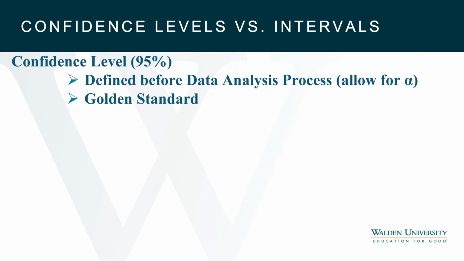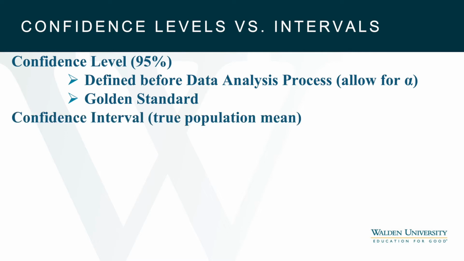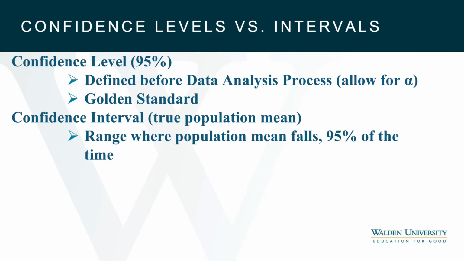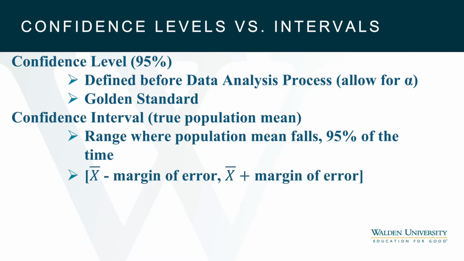The confidence interval is that bracket between which the true population mean lives. It's that range where that population mean falls 95 out of 100 times. So that is notated with the lower number on the left inside that bracket and the bigger number on the right side.